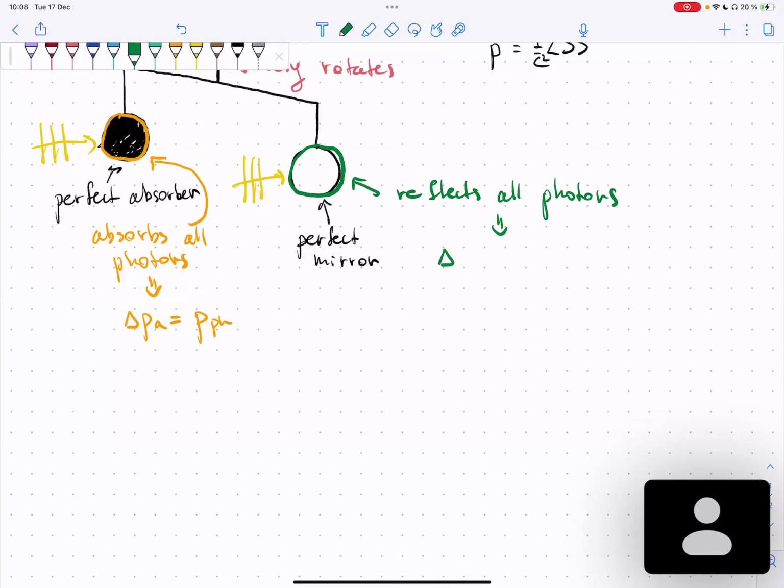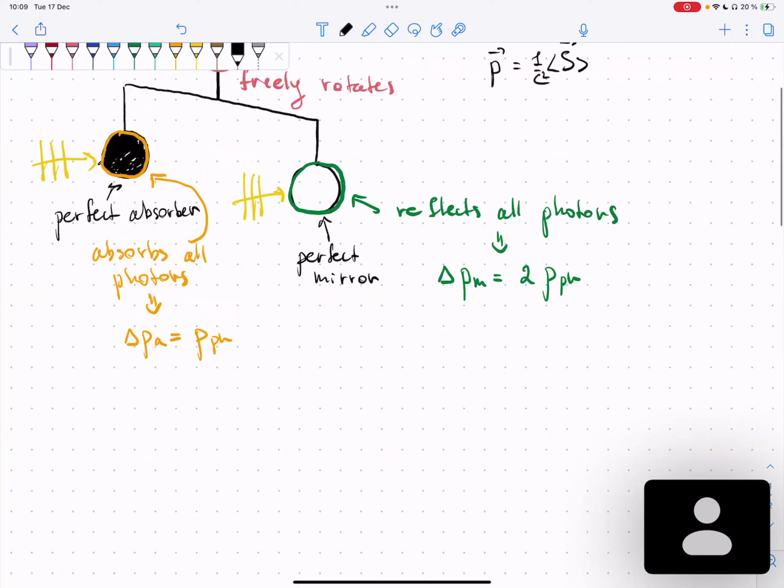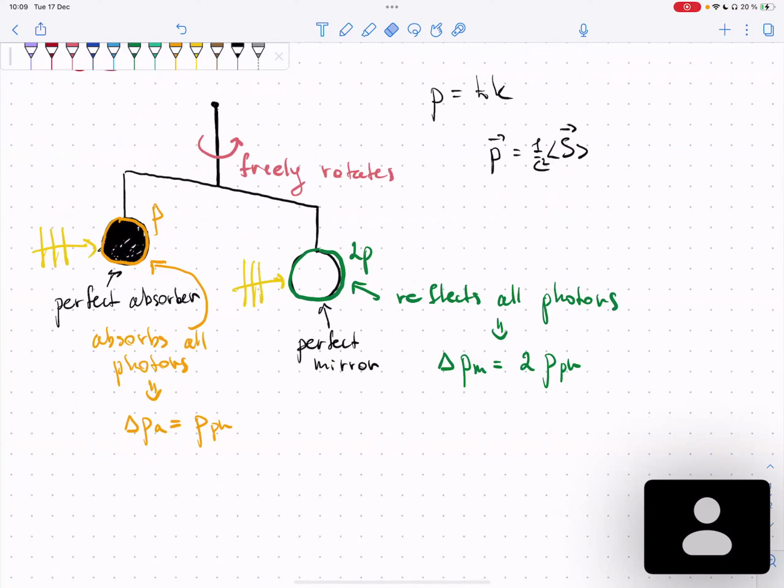So the change of momentum of the mirror equals 2p. It's a bit of hand waving, but I hope this is clear. So we have a change of momentum equal to p here, and a change of momentum equal to 2p there. So because of this, we have different momentum on each of the cylinders.